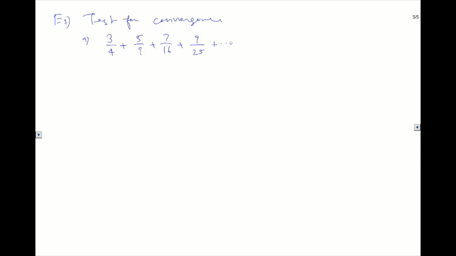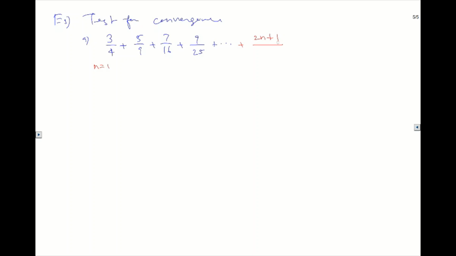Sometimes you have to write the nth term. So what happens? When n equals 1, you get 3. That means 3, 5, 7, 9. Those are odd numbers. So the top is simply 2n plus 1. That's how you write odd numbers, 2n plus 1 or 2n minus 1 depending on the situation. So here let's say 2n plus 1.